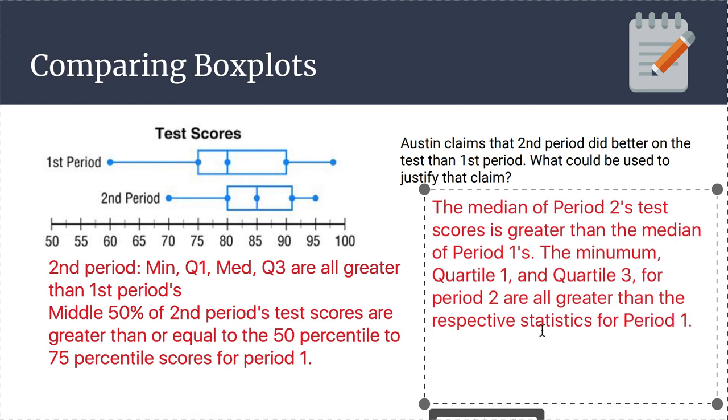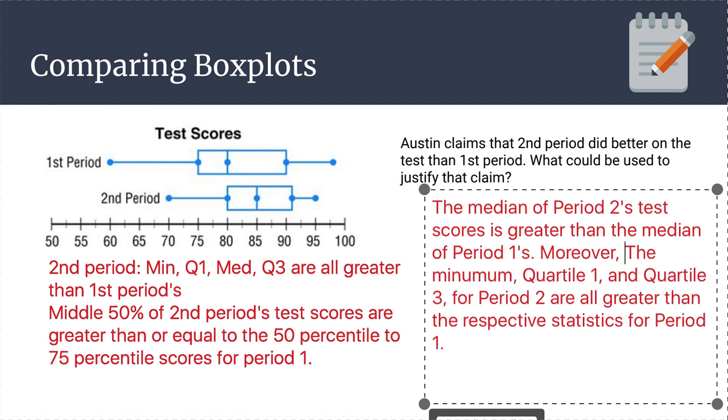That is probably our easiest way into this, simply by comparing the medians here and the fact that the minimum, quartile 1 and quartile 3, I can say moreover, like I did earlier before it got deleted, that the respective median of period 2 is greater, and the respective minimum, quartile 1 and quartile 3 are all greater. That is probably our easiest way to justify Austin's claim here.